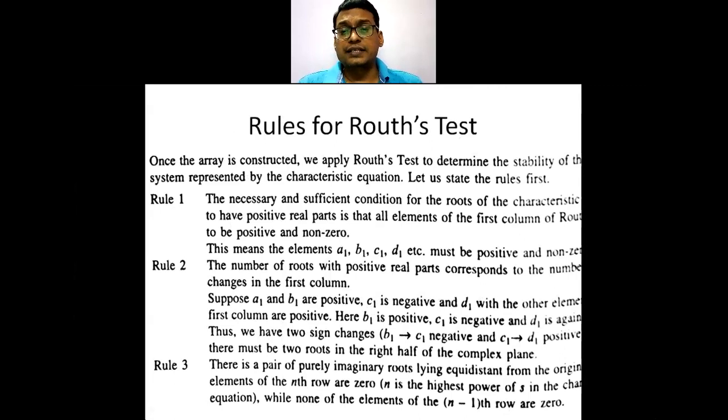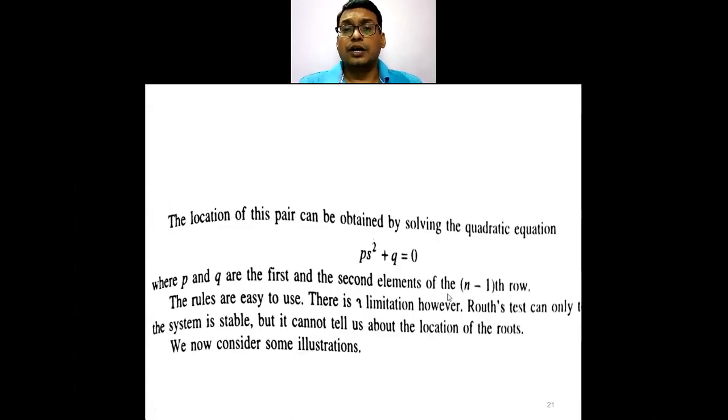There is also a pair of purely imaginary roots lying equidistant from the origin when an element of the nth row is 0, while none of the elements of the n minus 1th row are 0. Then the location of the pair is obtained by solving the quadratic equation Ps square plus Q equals 0, where P and Q are the first and second coefficients of the n minus 1th row.